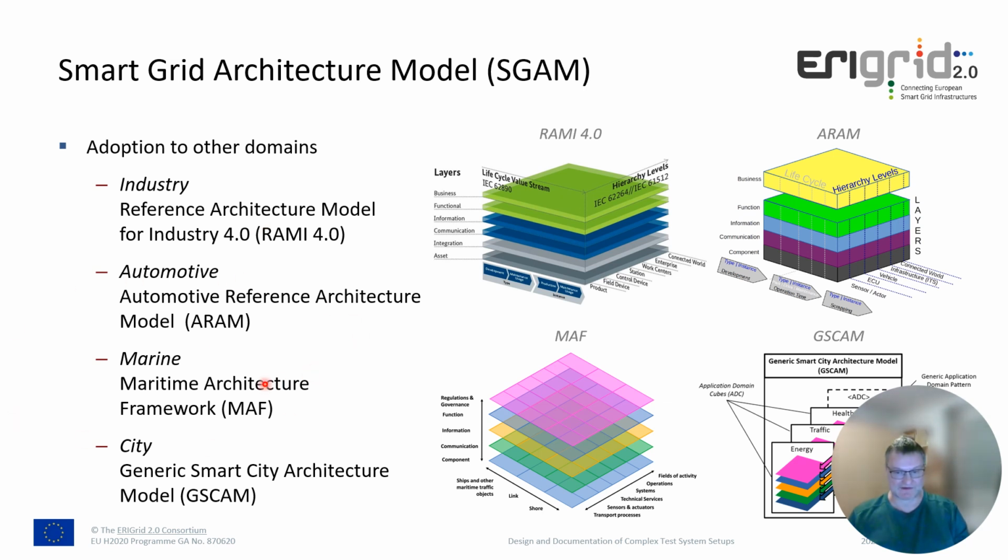In the marine sector, we have the MAF, or in the city, the GS-CAM, for the Generic Smart City Architecture Model. So you have seen that this kind of architecture model can not only be used in the energy sector, it can also be transferred to other sectors, as outlined here.